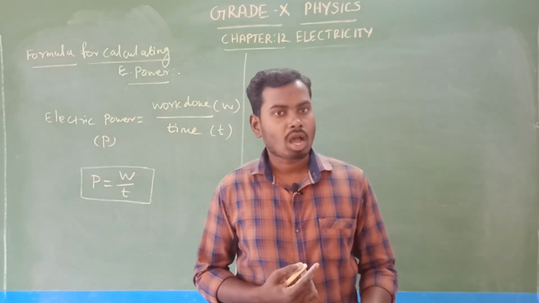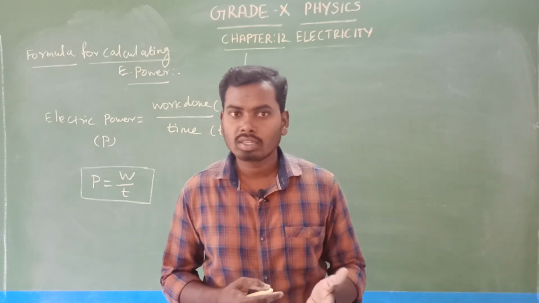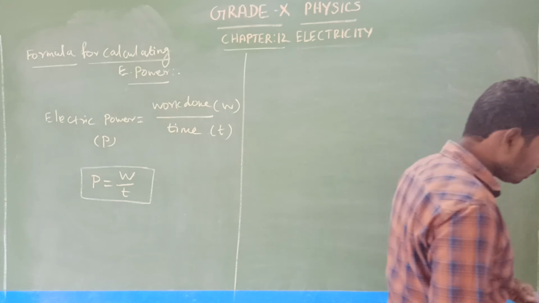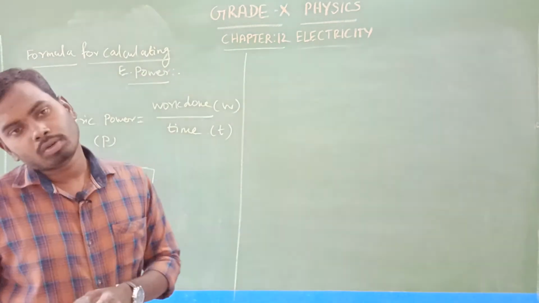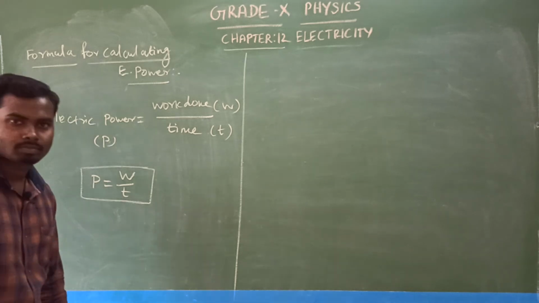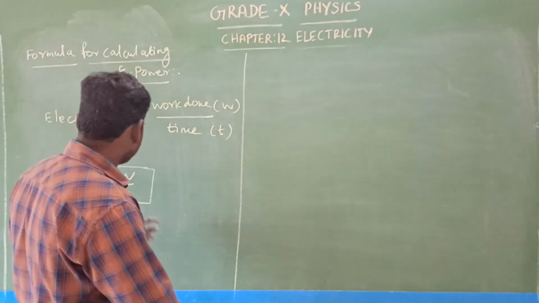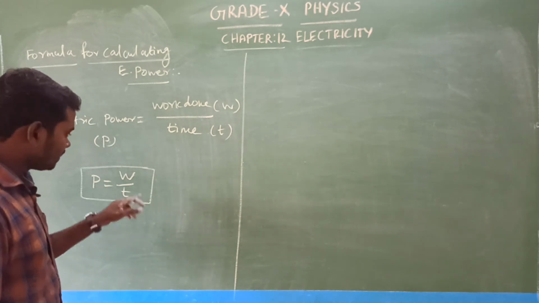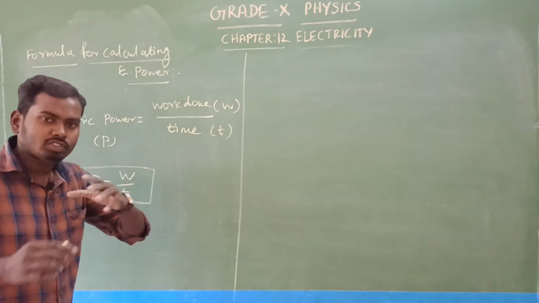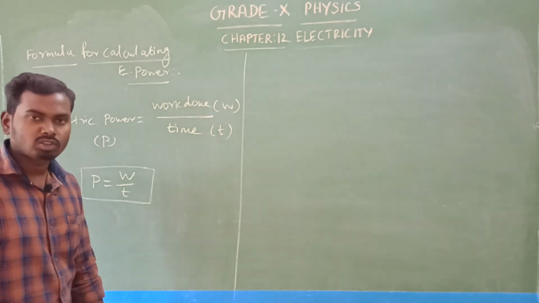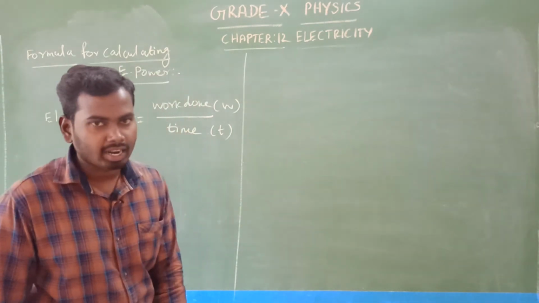The potential difference is equal to work done divided by the amount of charge moved, which means Q. Already we have studied this in the previous topic of electric potential.